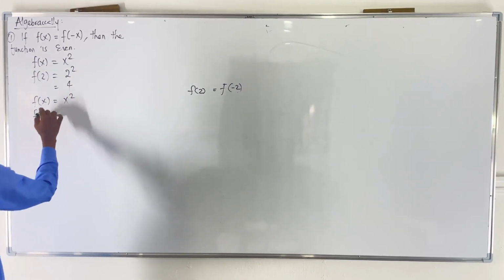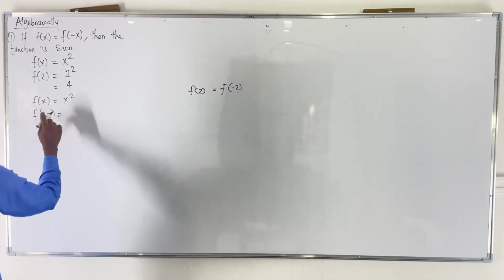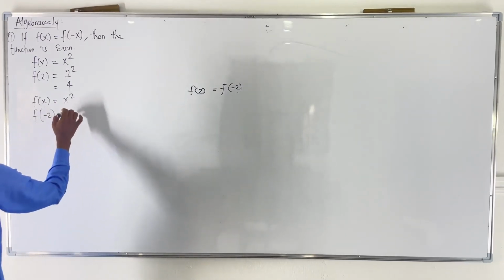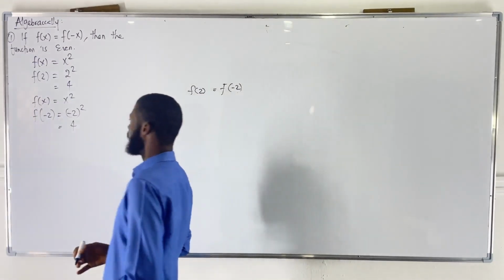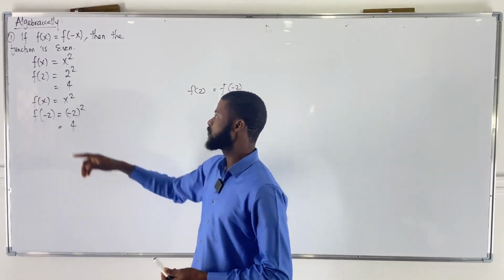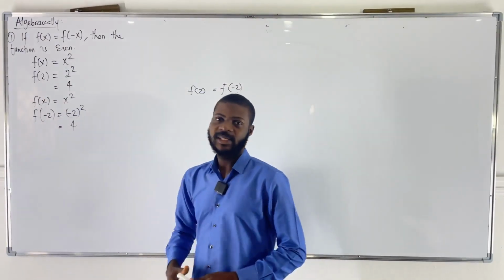Now f of minus 2: this will become minus 2 all squared, and minus 2 all squared is positive 4. As you can see, f of 2 and f of minus 2 give us the same value.